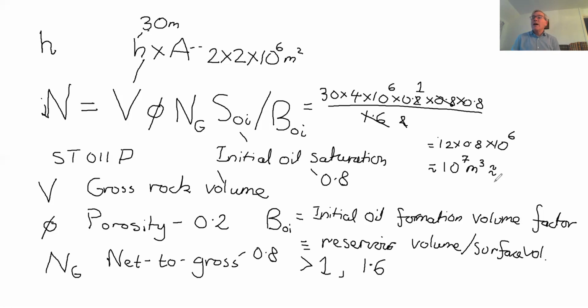Okay, and if we want to do this in barrels, I said there were about 6 barrels to a cubic meter. So that looks like 6 times 10 to the 7.